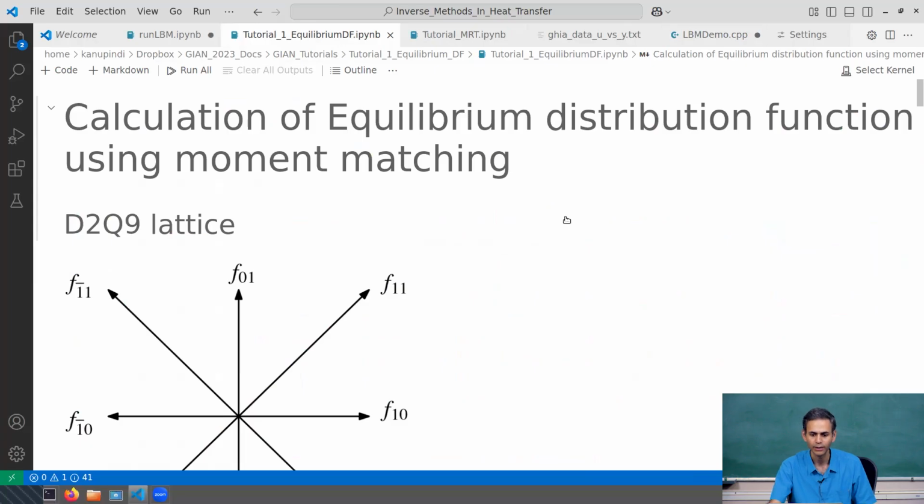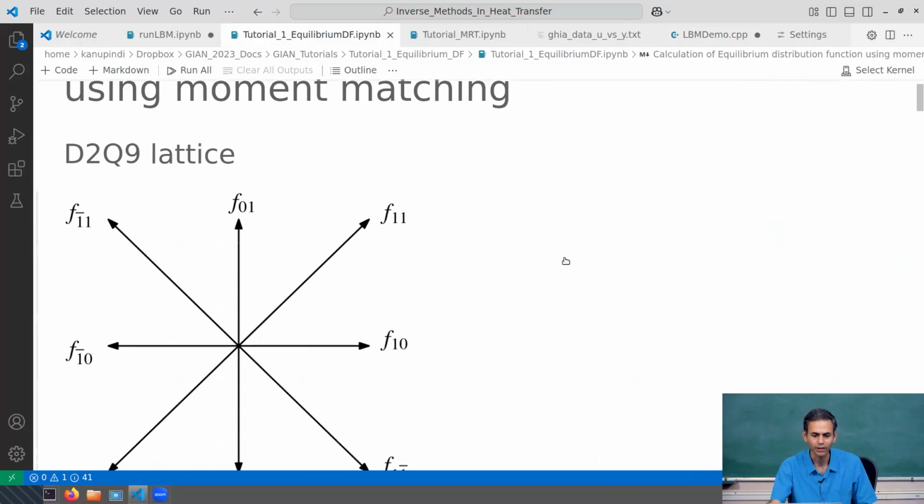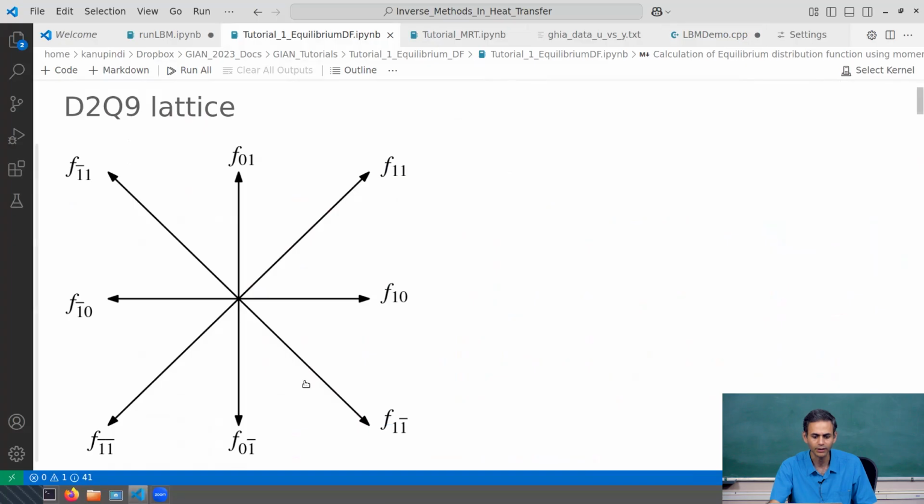So how do we calculate the equilibrium distribution function using the moment matching that you have learned in the theory? That is the D2Q9 lattice that you have seen already, where you have F00 right at the center, and you have F10 in the positive x direction, F minus 1 0, which we are denoting as FM0, and then F01, that is F0P, and then F0 minus 1, that is F0M, okay.